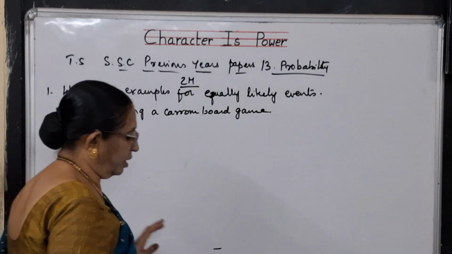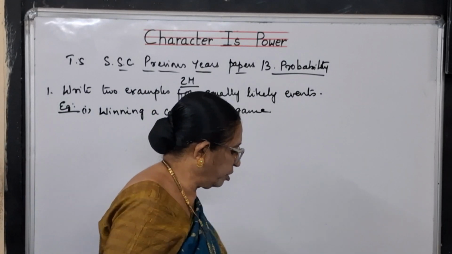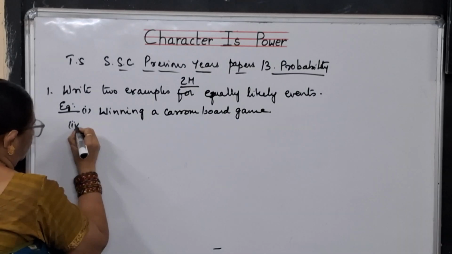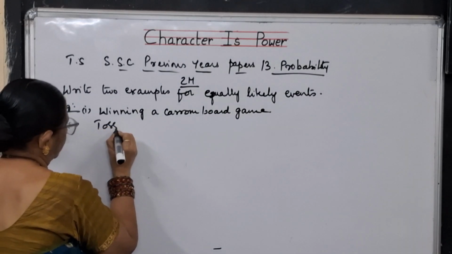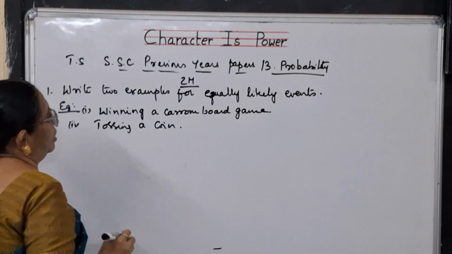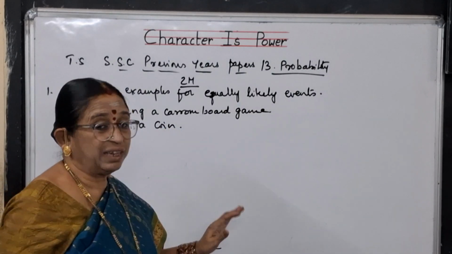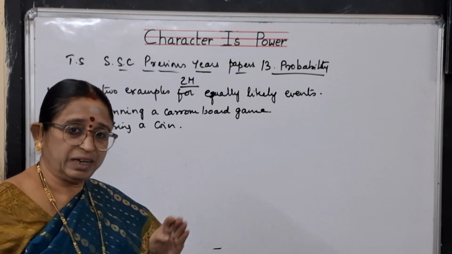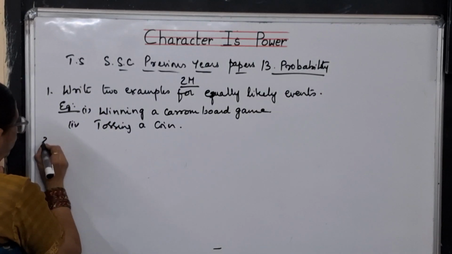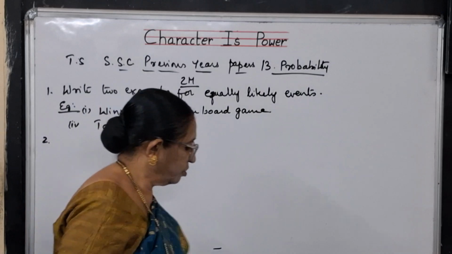So you will be saying that it is winning a game of carom. Next, second one, tossing a coin. When you are tossing, there is a chance of getting head or tail, equally likely. So these 2 are examples of this question.